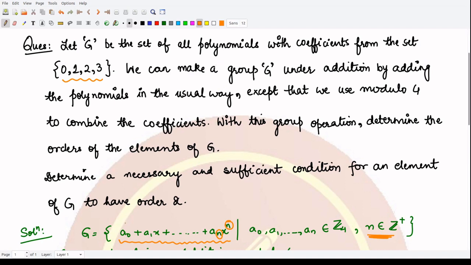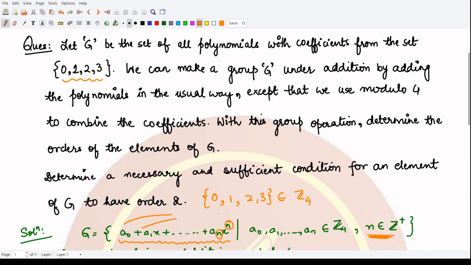And these coefficients all have the value 0, 1, 2 or 3, which are all the elements in Z4, the group of integers under modulo 4.